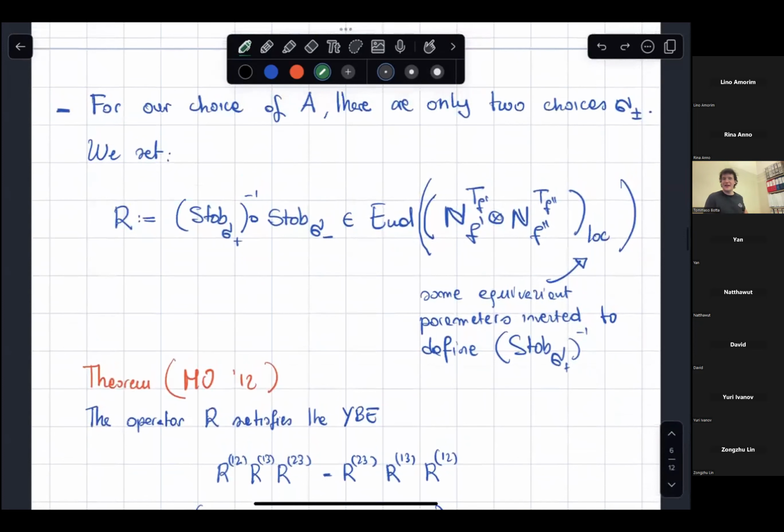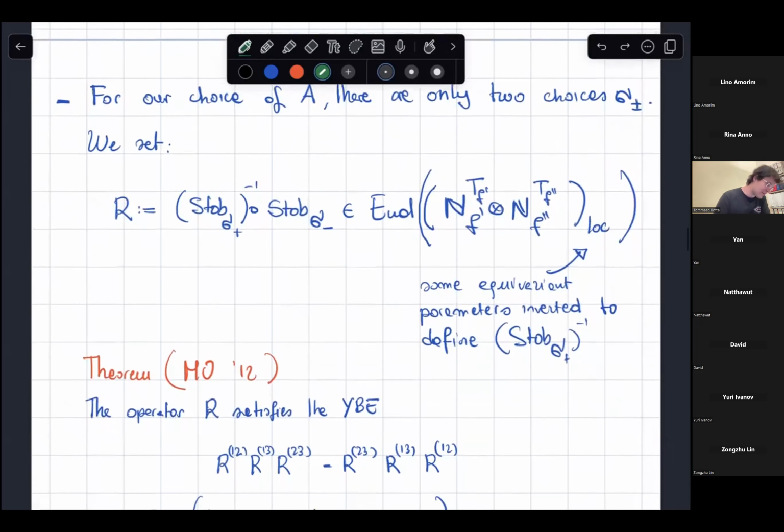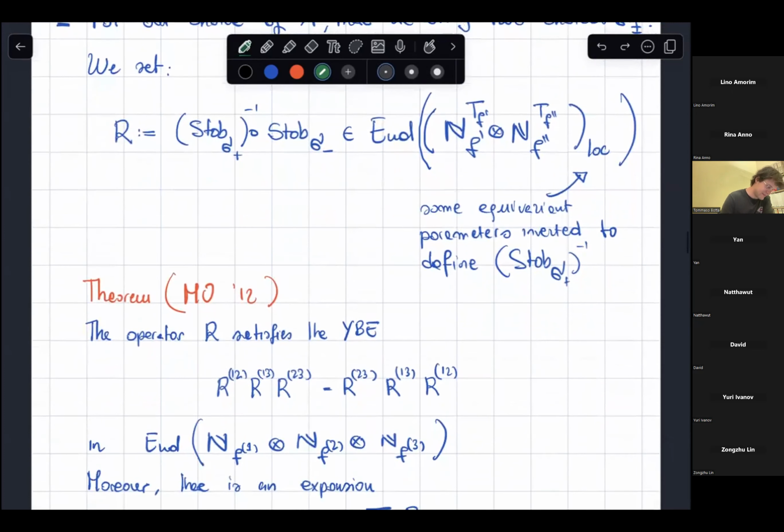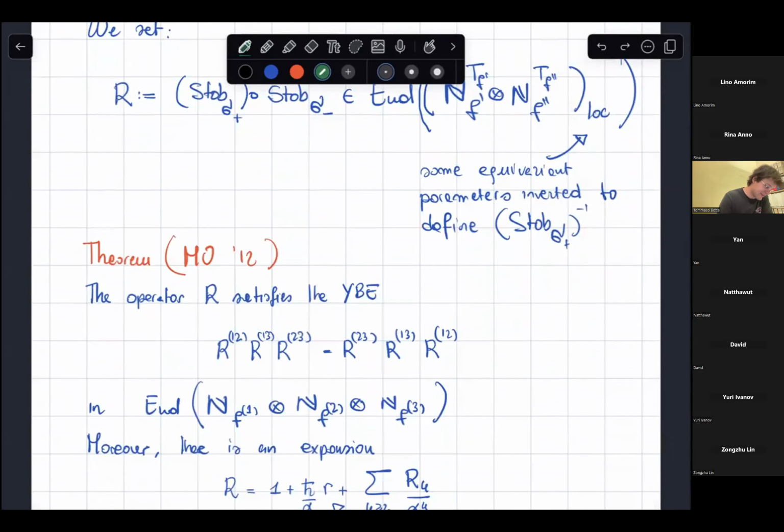But you're right in the sense that things become very interesting as soon as there are many components in my Lie algebra. So more precisely, we have the following result by Maulik-Okounkov. This operator R satisfies the Yang-Baxter equation in this endomorphism ring of a triple tensor product of cohomologies of quiver varieties.